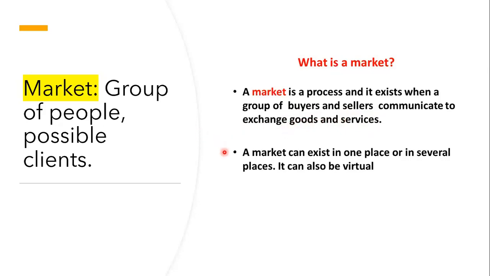And then other definition, we cannot be blind about this, is that a market can exist in one place, yes, or in several places like supermarkets, stores, and shops again. Or my favorite one, and the one we're using right now, it can be virtual. Does it happen to you that now that you're at home, you receive all kinds of messages about people selling food, selling protection gadgets, studying online and all that kind of things?